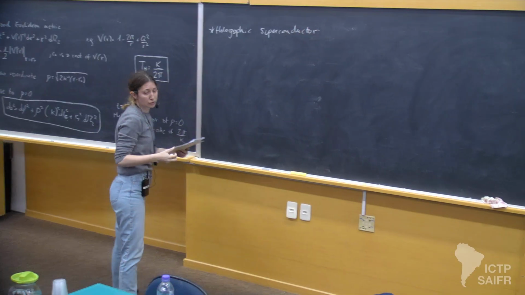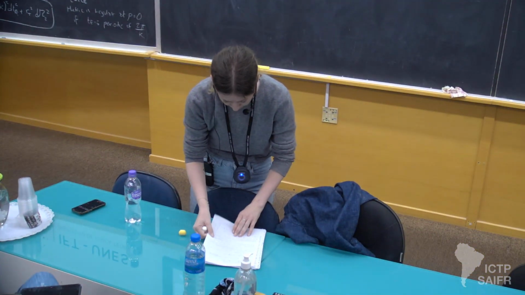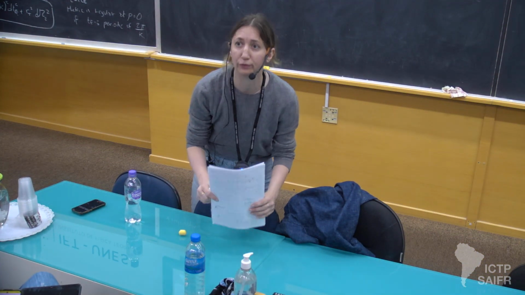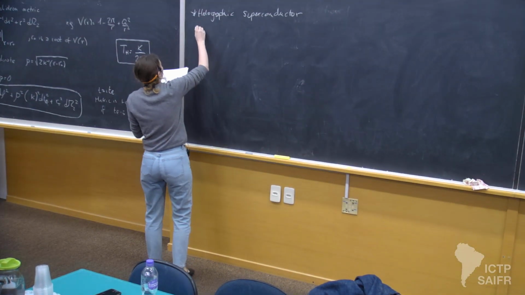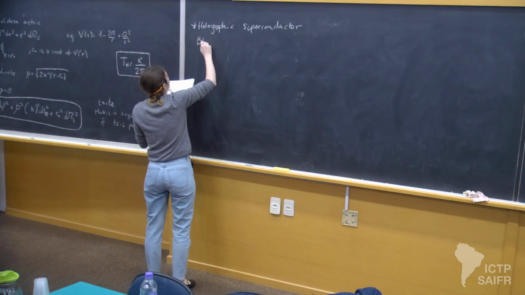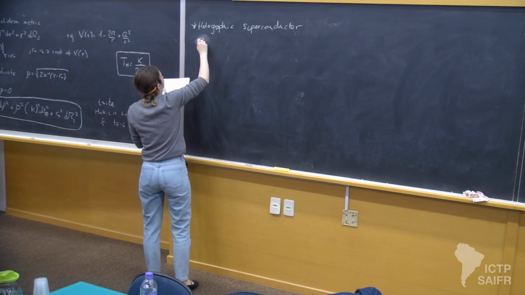Another phase transition that you can have is the one that involves black holes with further matter. In particular, you can have a black hole system with a charged scalar. So let's say the action, okay, let's just do it.